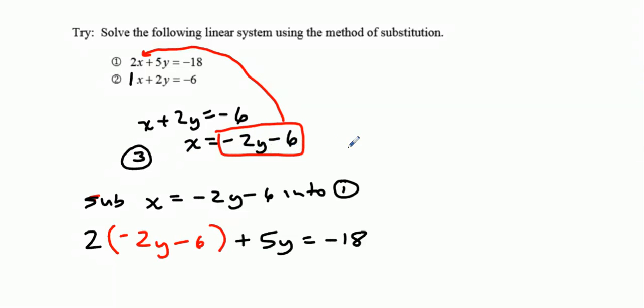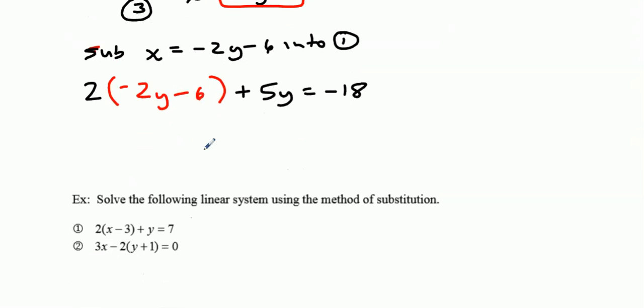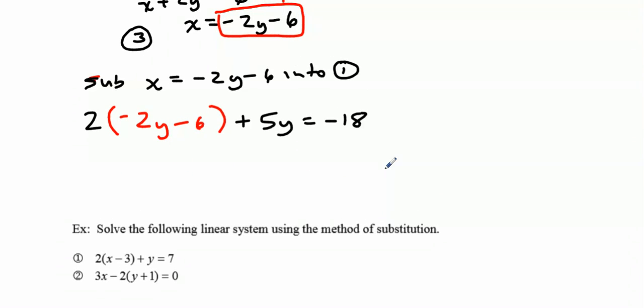Okay, so this is like 2x plus 5y equals negative 18. All right, we're cooking. Now I'm just going to expand this out. So this is going to be negative 4y minus 12 plus 5y equals negative 18.